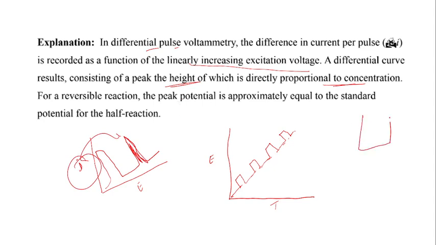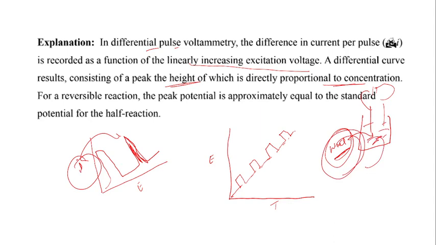In simple language, suppose you have a NaCl solution and you are applying two electrodes, and current is flowing. If you increase the concentration of NaCl, obviously current will flow more because the number of ions will be increased. So the same principle is there.